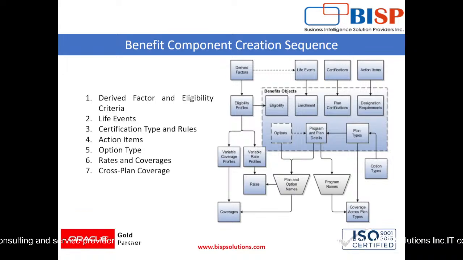These profiles are reusable and can be applied at different levels, such as programs or plan. You can attach that onto the plan or onto the program. So before we define a plan, we need to create a derived factor and eligibility profile.